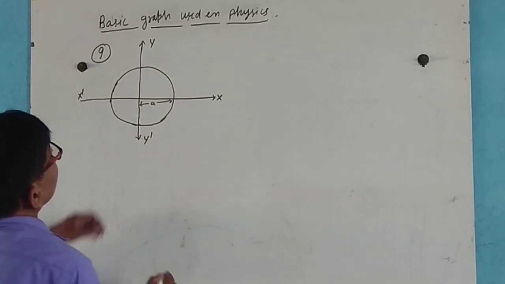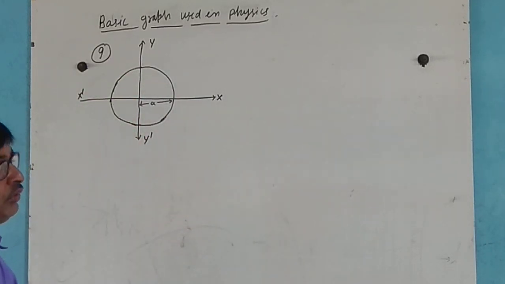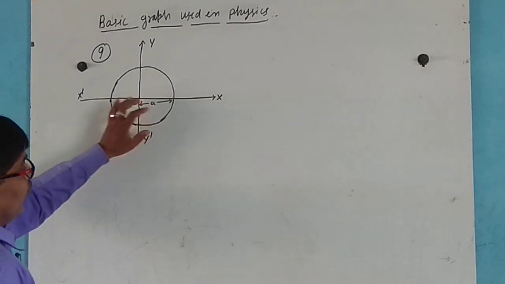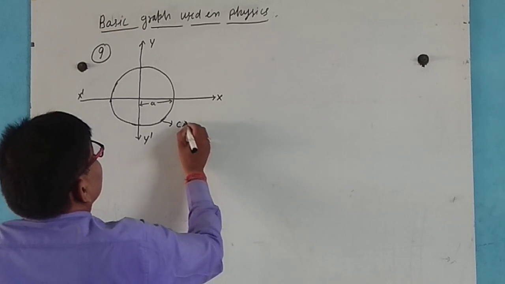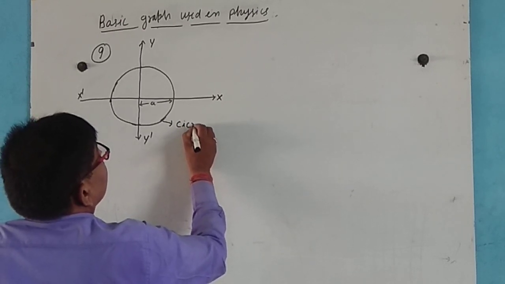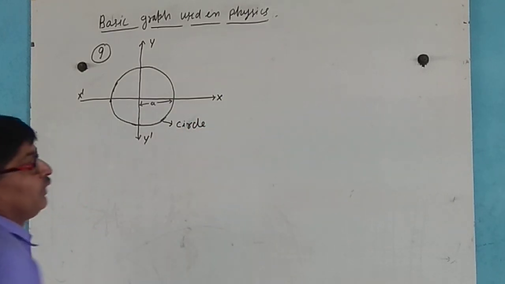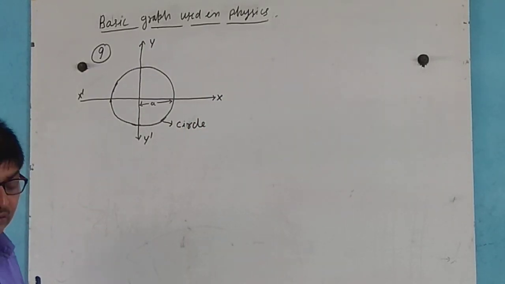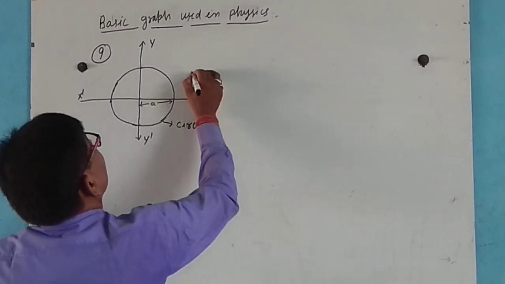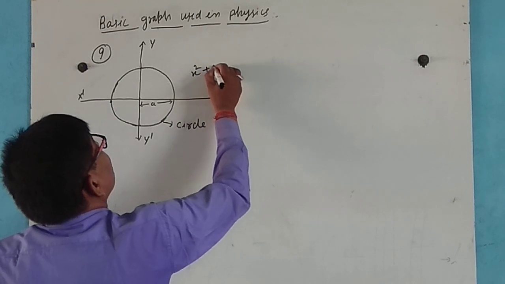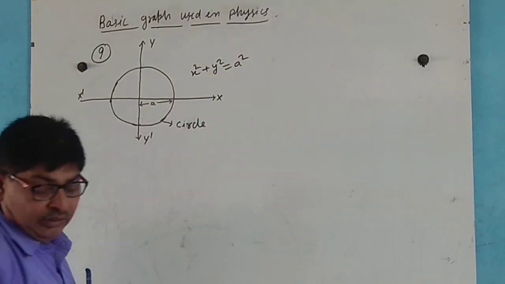is a. This is also equal to a, so that this figure represents a circle. This represents a circle, and the equation of this is x square plus y square equal to a square.